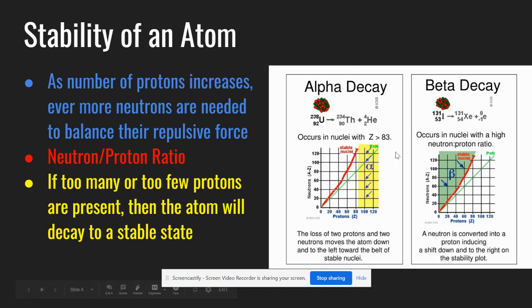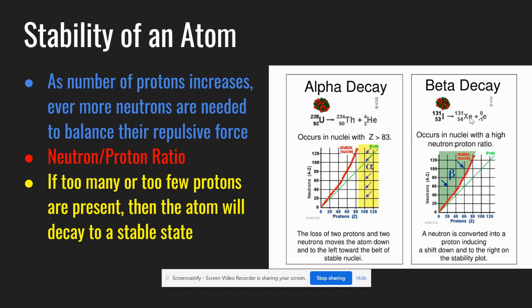If you look at this graphic here, the alpha decay, you can see that we've got uranium-238. It decays into this element, and then a helium. Beta decay, we can see that the neutron number doesn't change, but the mass number does, okay?